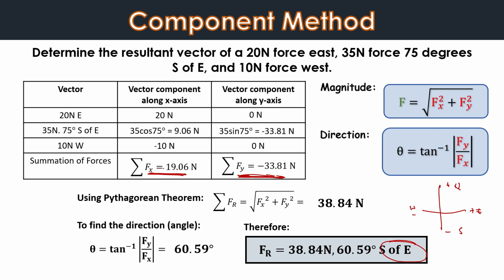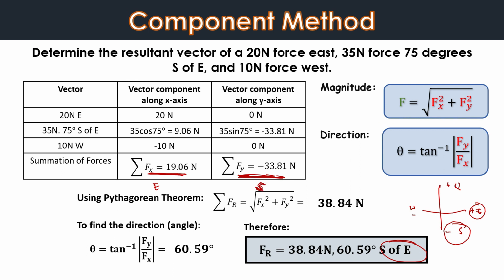Yung summation of force natin. Saan ba sa x-axis nagiging positive? It is on the east side. So, therefore, ito ay east. Meanwhile, yung force along y-axis, ito ay negative. And within the Cartesian plane, yung south ang negative, so yung direction nito ay south. So therefore, south of east.